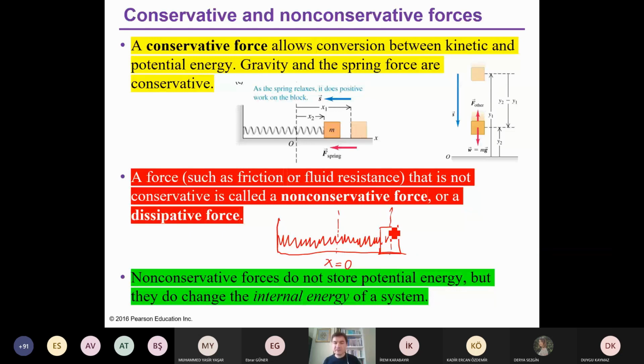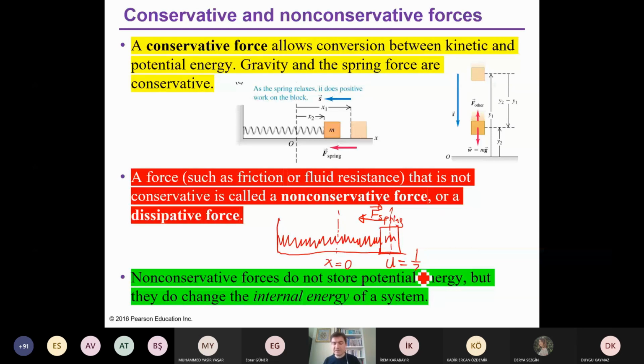Whenever I release this mass, there will be F spring to the left side. And this spring at the beginning has some certain potential energy, which is given by 1/2 kx squared. X is this distance.